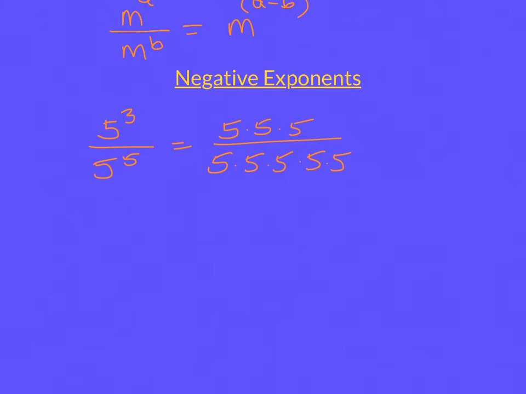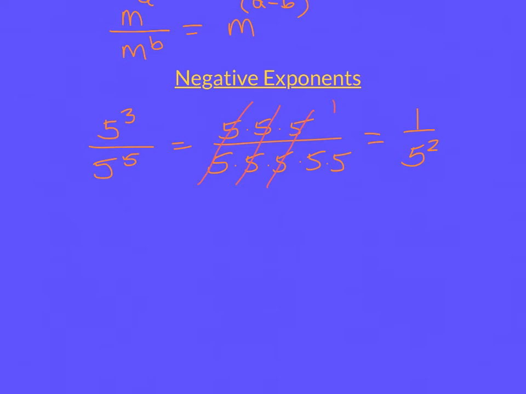And so just like the example above, we're going to get some pairs that reduce to 1. In this case, I've got 3 pairs. So what's left up here on the top is just the number 1. And so what I have left is 1 over 5 squared.